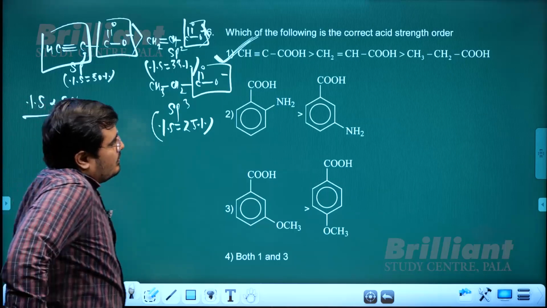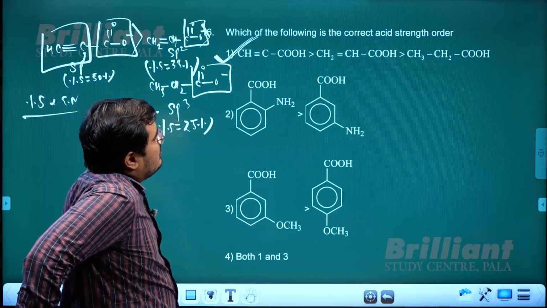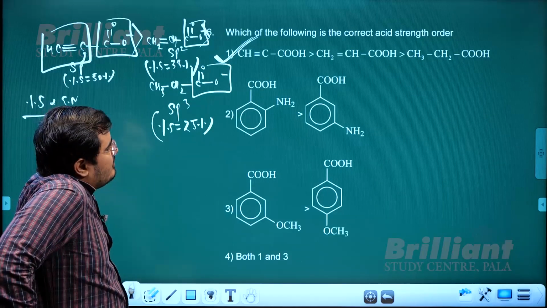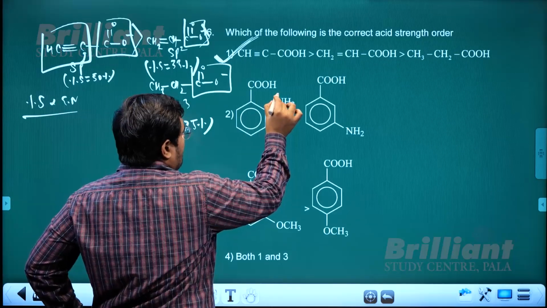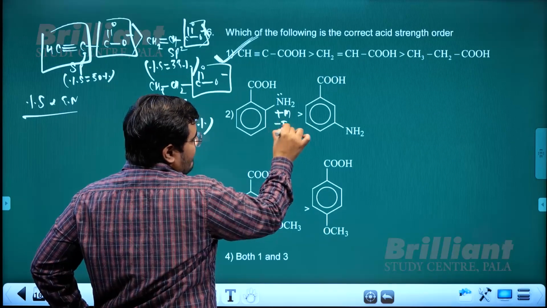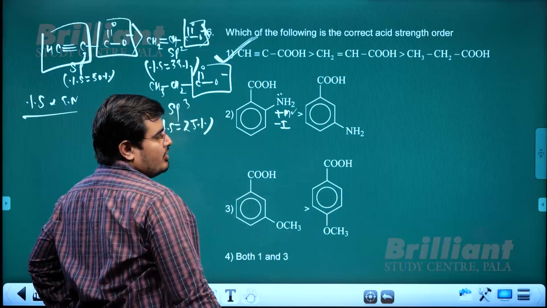Next is COOH, NH2. Now for the second case, nitrogen here will be applying plus M effect and minus I effect. Plus M effect is going to be dominant.